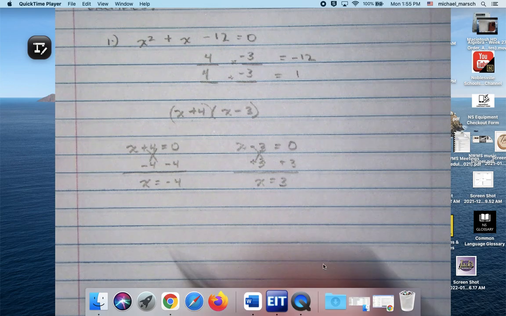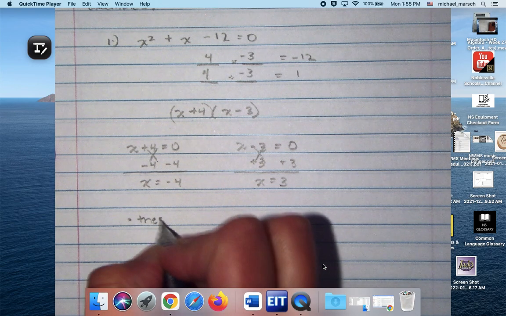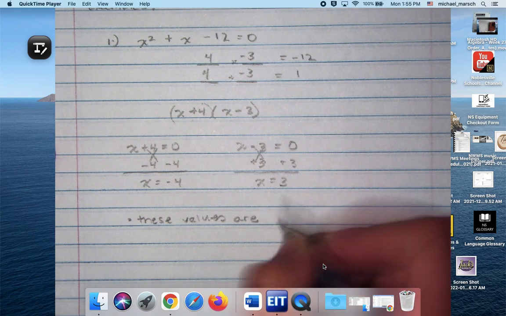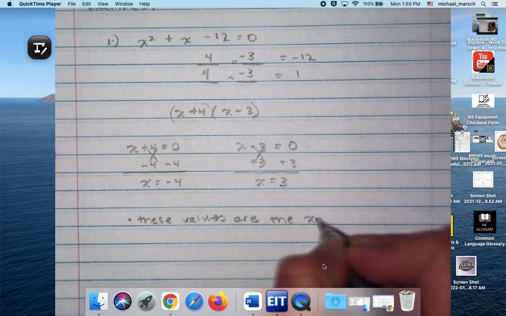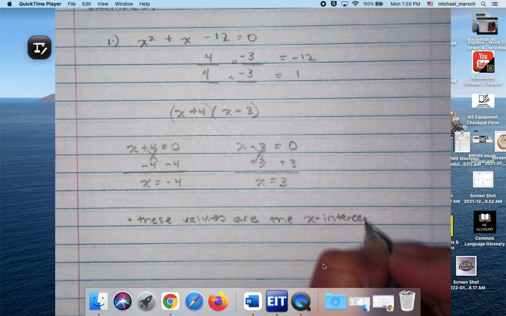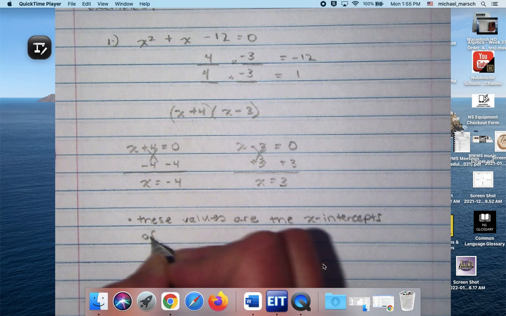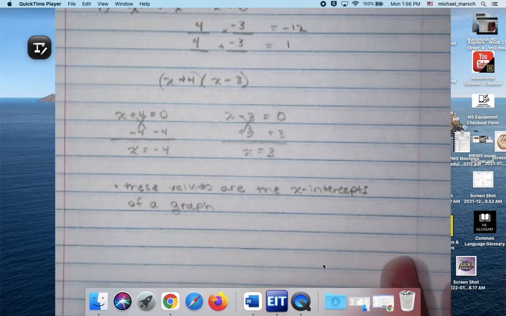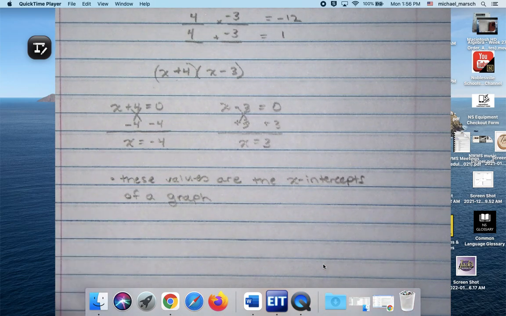Okay, so these values are the x-intercepts of a graph. Okay, x-intercept is negative 4, x-intercept is 3, right?